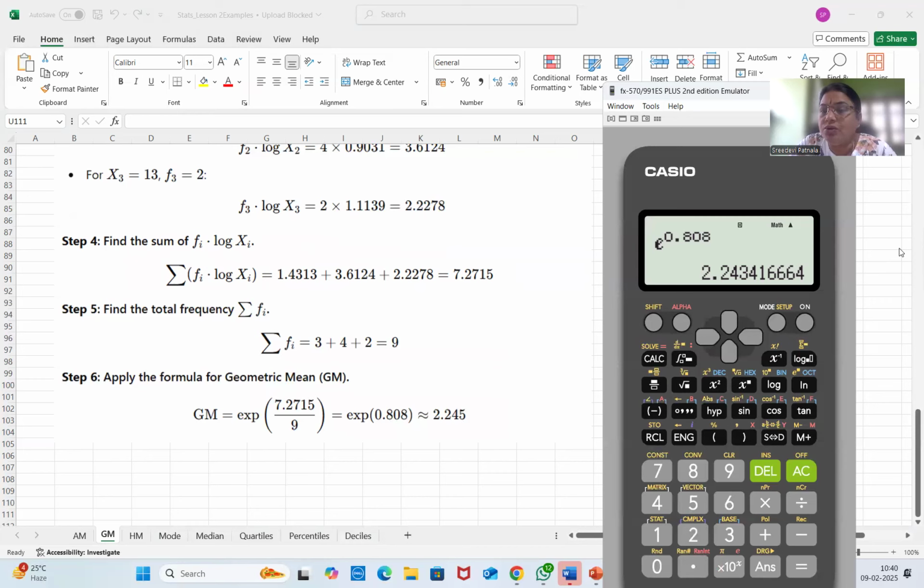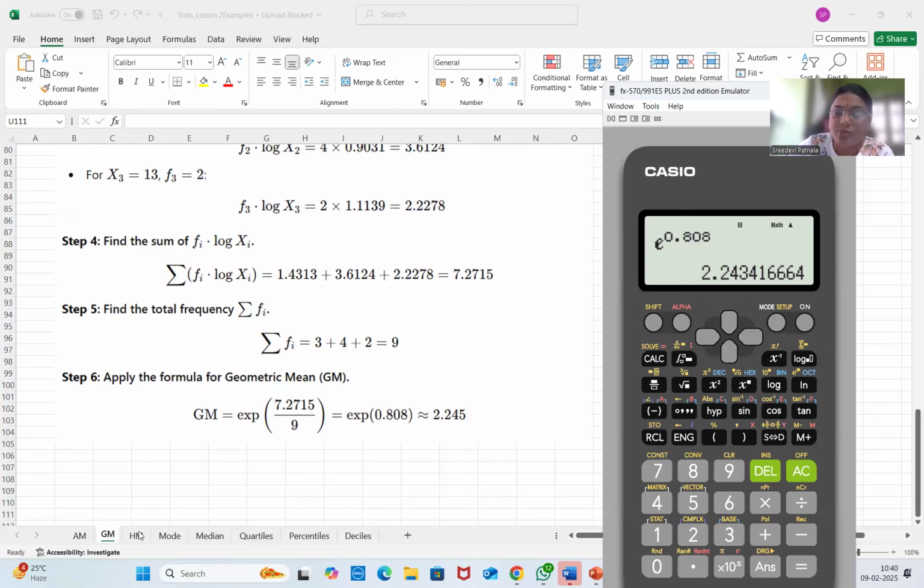I showed how to use the formula in your Casio calculator, and similarly, when a class interval is given for a geometric mean, how to find the midpoints, the log points, and the summation of fi log xi. Do the product, do the summation, and divide by summation of fi. Then the complete formula is exponential of summation of fi log xi divided by summation of fi. I also showed how to use the exponential value. So this is about the geometric mean.